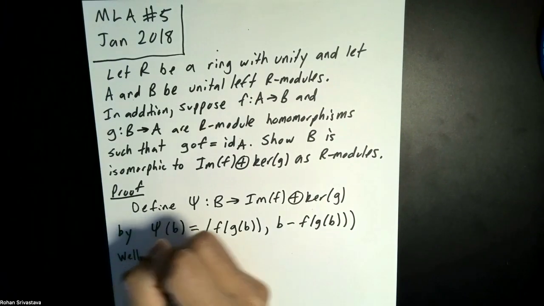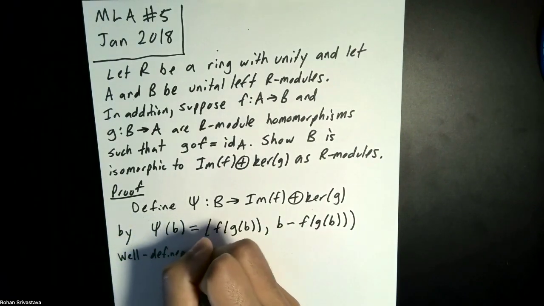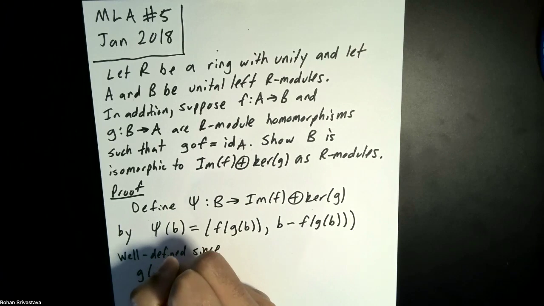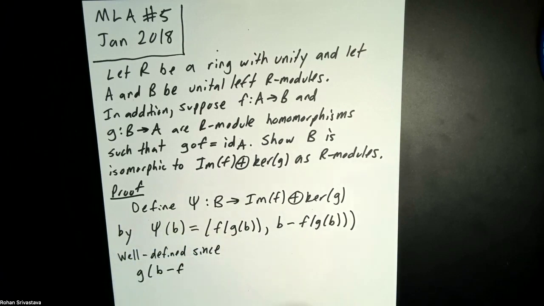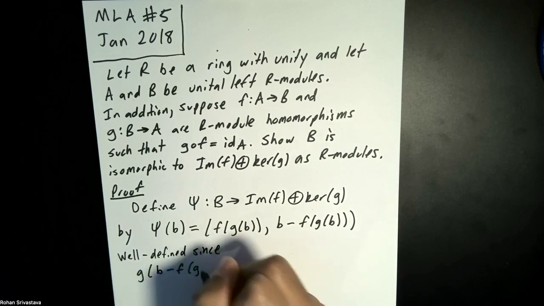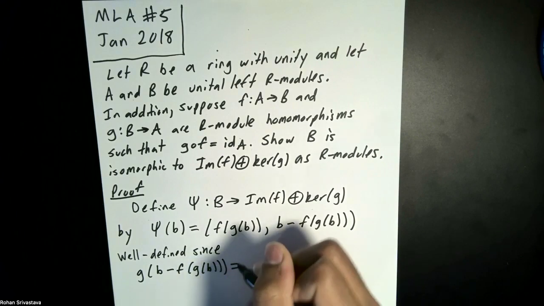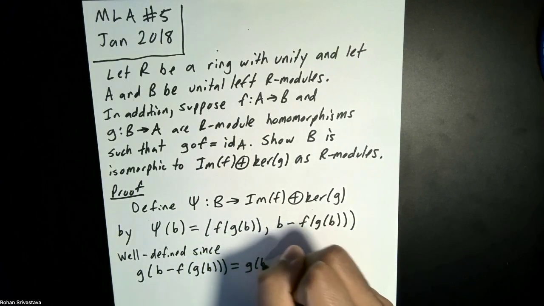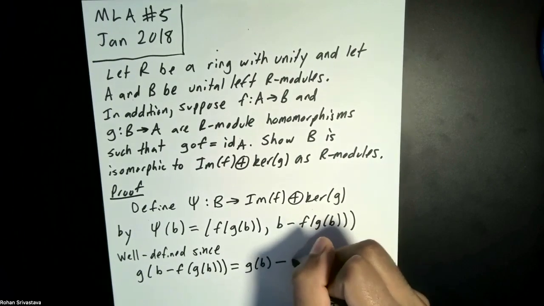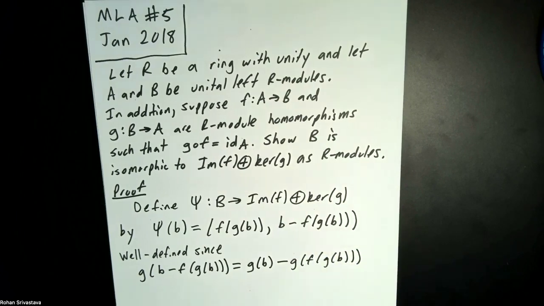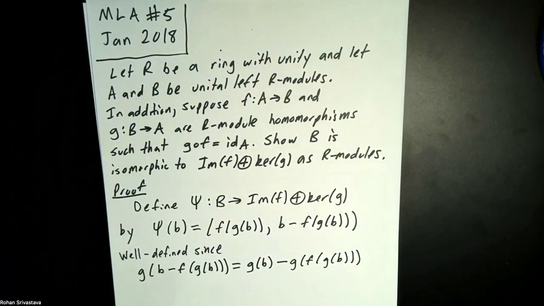So this is well defined since G of b minus F of G of b is equal to G of b minus G of F of G of b, using the fact that G is an R module homomorphism and thus in particular an additive group homomorphism.